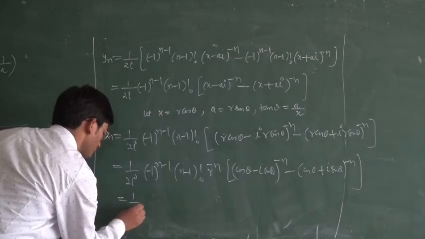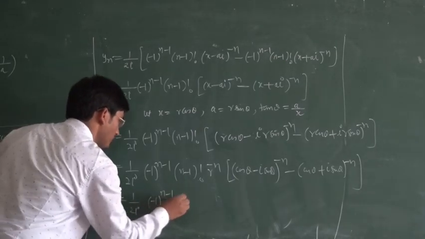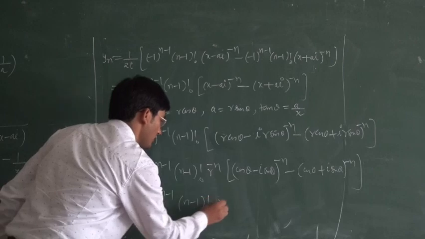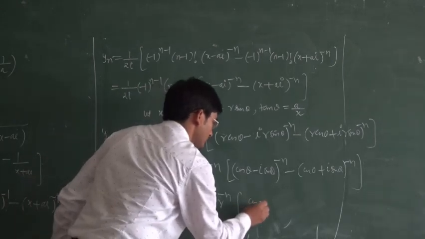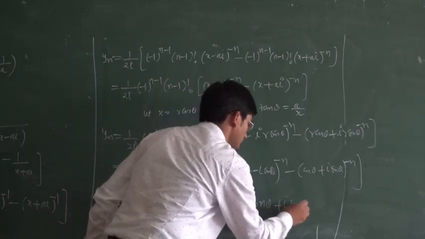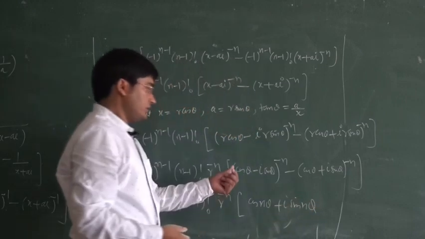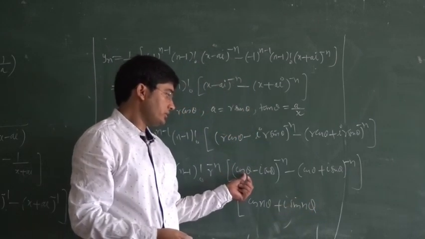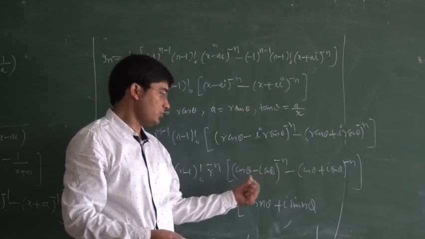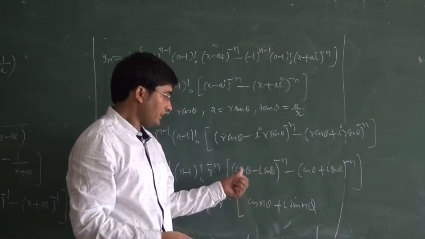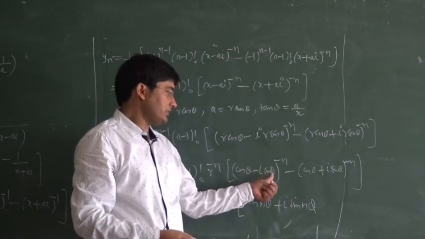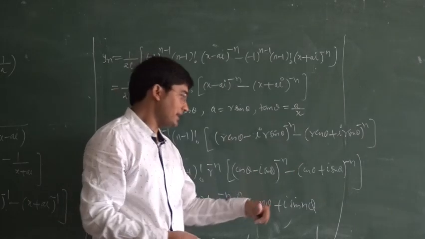So this is equal to 1 by 2i, minus 1 power n minus 1, n minus 1 factorial, r to the power minus n, cos n theta plus i sin n theta, because De Moivre's law means (cos theta plus i sin theta) whole power n is cos n theta plus i sin n theta, and (cos theta plus i sin theta) whole power minus n is cos n theta minus i sin n theta.